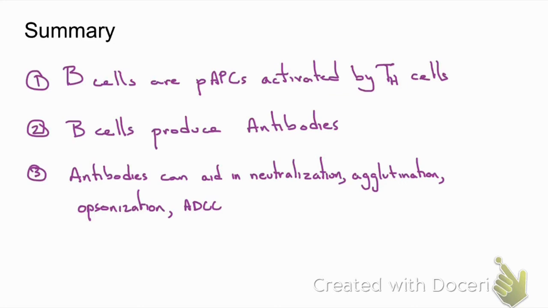B cells produce antibodies, and they produce large quantities of these antibodies. And that differentiated B cell that produces an antibody is known as a plasma cell. B cells can also differentiate into memory cells that will help against subsequent infections from the same pathogen.